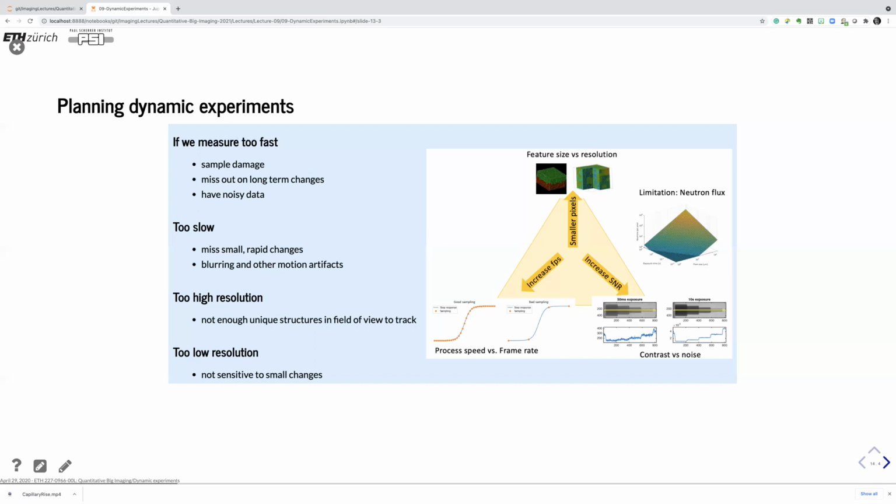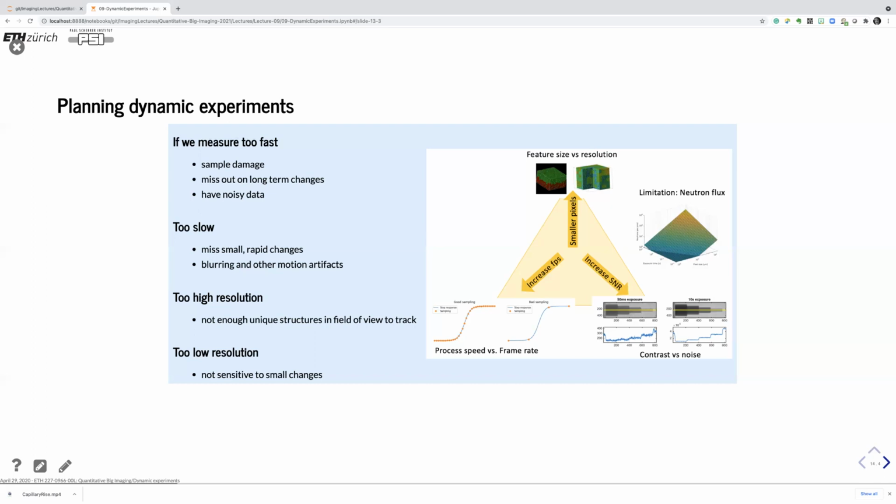So you have to be careful about balancing these centrifugal forces against the gravitational forces and the capillary forces. That's a tough balance to plan.